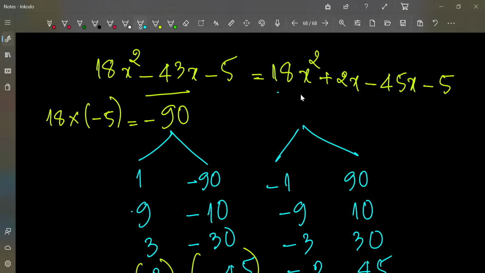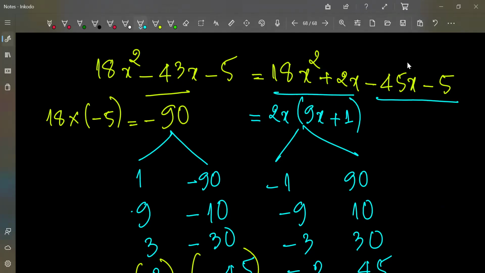So let's factor these two terms by grouping. You see that 2x is the common factor of 18x squared and 2x. So now we get 2x multiplied by 9x plus 1.